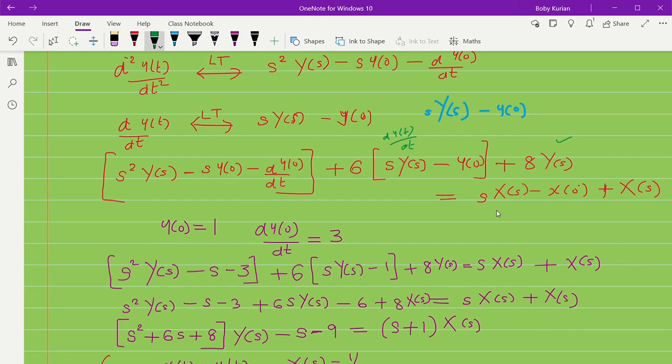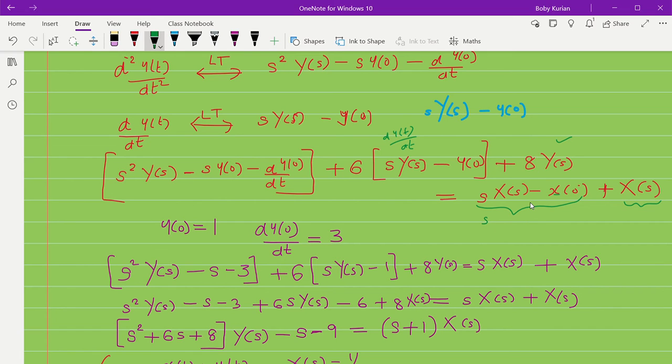On the right hand side, the first one is d by dt of x of t, that is s into X of s minus x of 0 minus, plus x of t, its Laplace transform is X of s. So we have found the Laplace transform of all five terms of this differential equation.